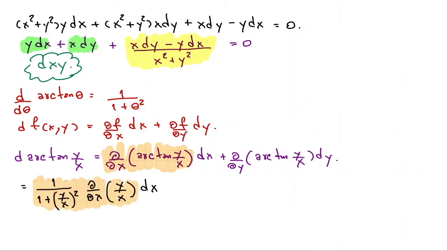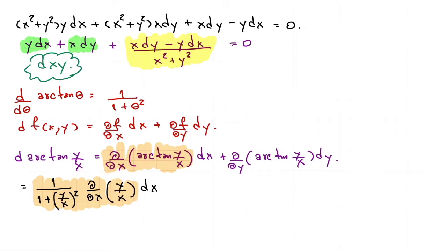Make sense? First, we look at this as theta, and then we have 1 over 1 plus theta squared, and then we need to differentiate theta by x, right? We use the chain rule.